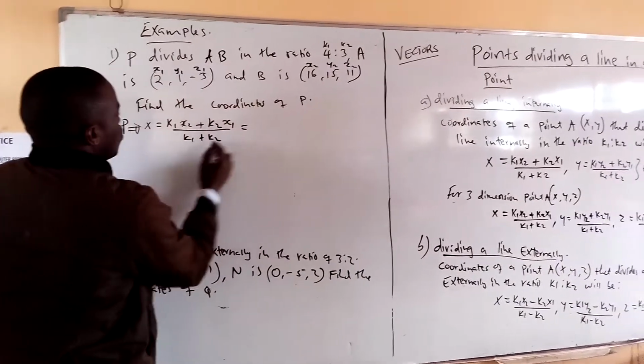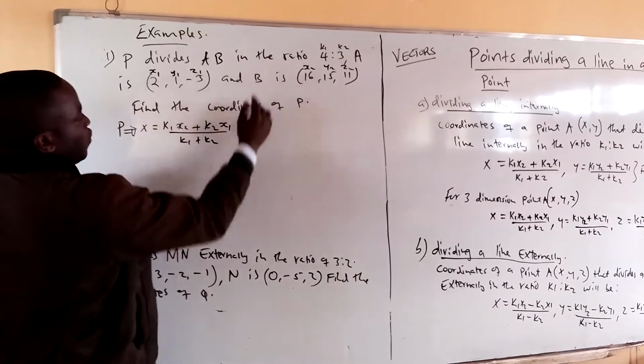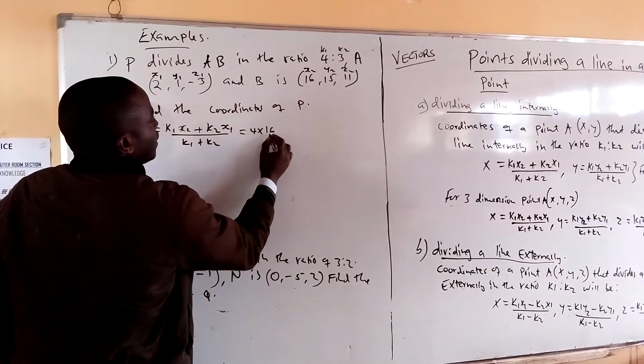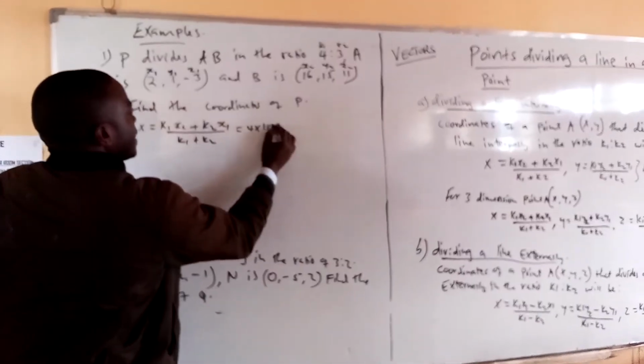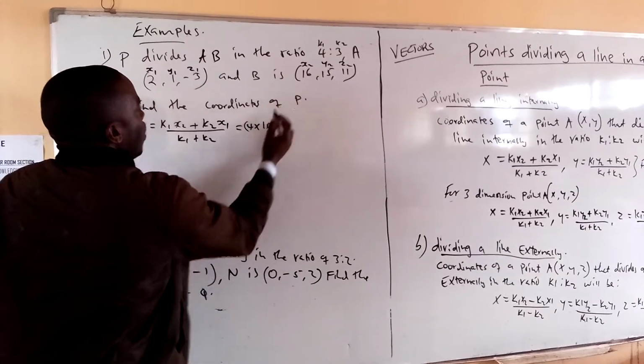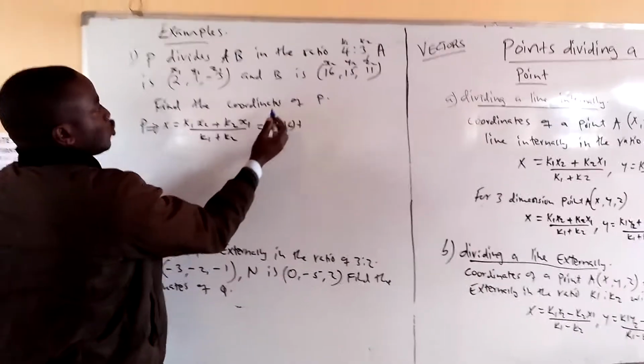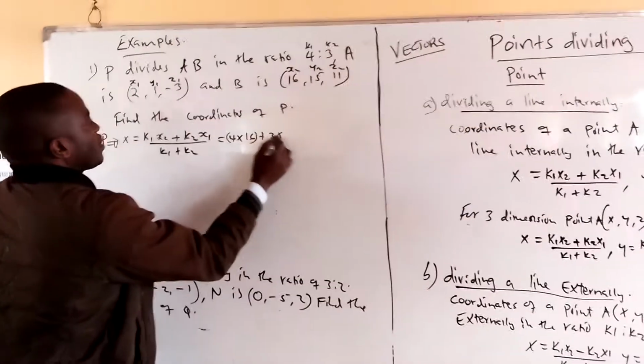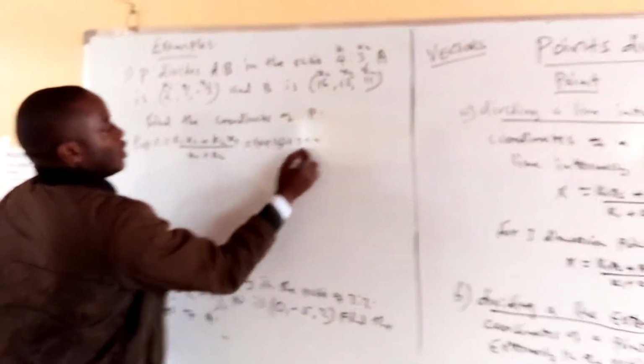This is equal to our k1 is 4 times our x2 is 16 plus our k2 is 3 times our x1 is 2.